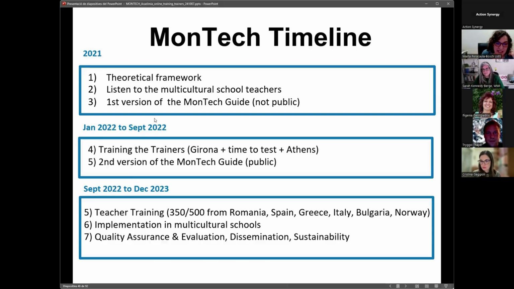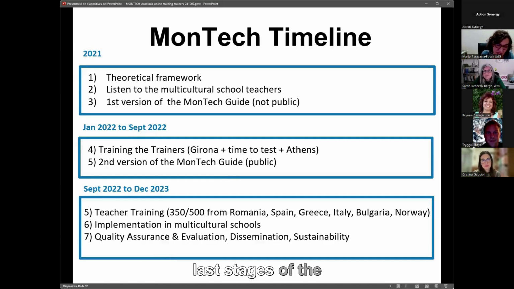This was not public, but then we had a training of the trainers in Girona. Then the trainers had time to test with their schools and their colleagues. There was another meeting in Athens to put everything together, and from here the Montec guide arose, and this is the public one. It has been tested, and it has the contribution of teachers.